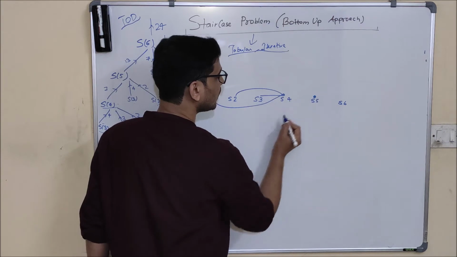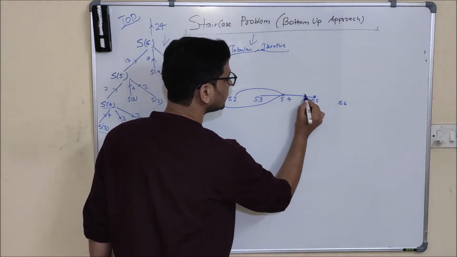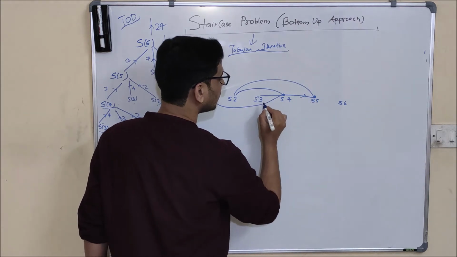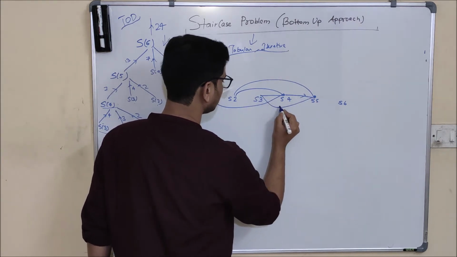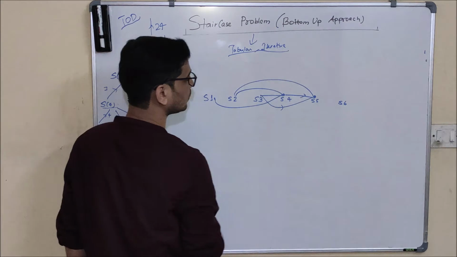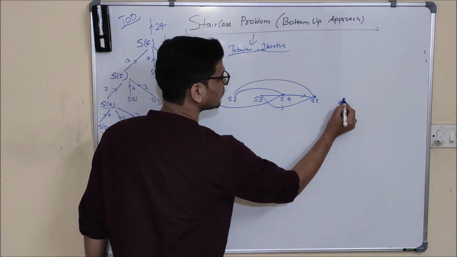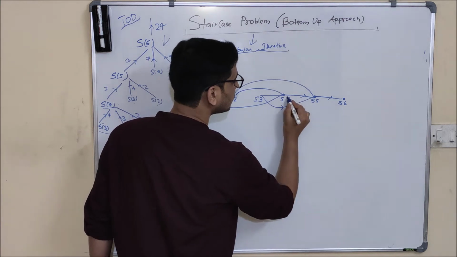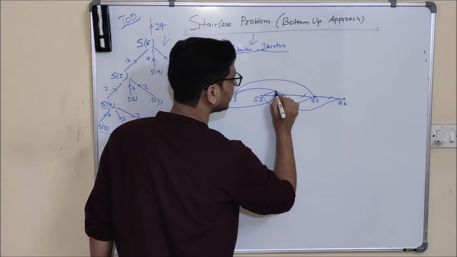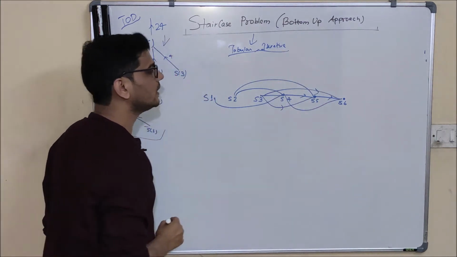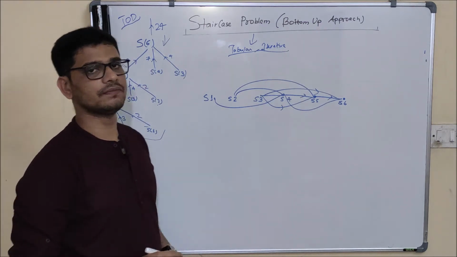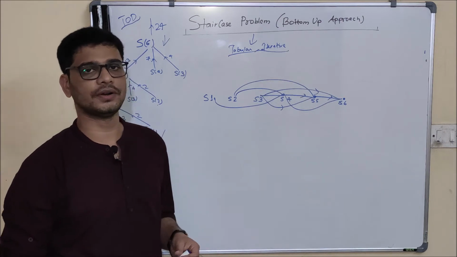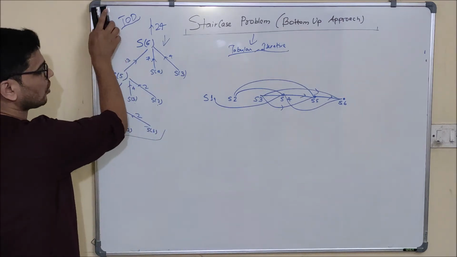Similarly, S of 5 comes to its value from S of 4, S of 3 and S of 2. And here you can see S of 6 comes to its value from S of 5, S of 4 and S of 3. So at any moment we need 3 previous values. Okay. So this is our topological order for this particular problem.